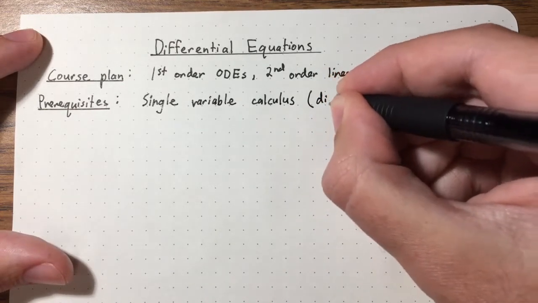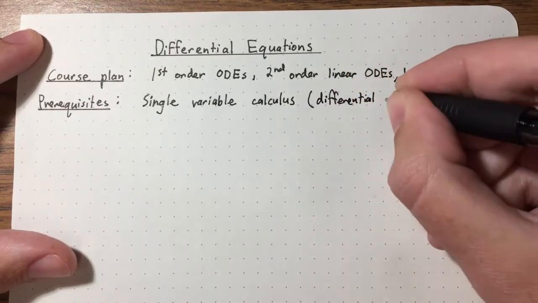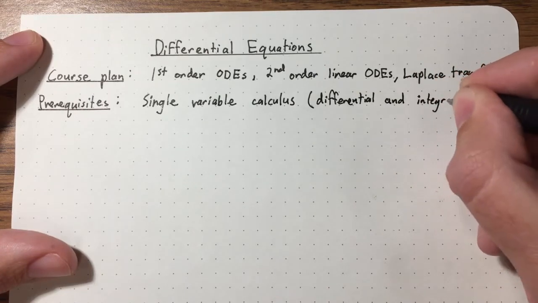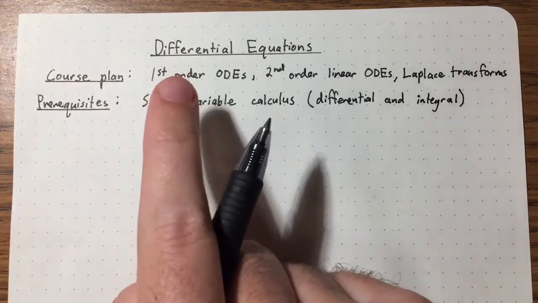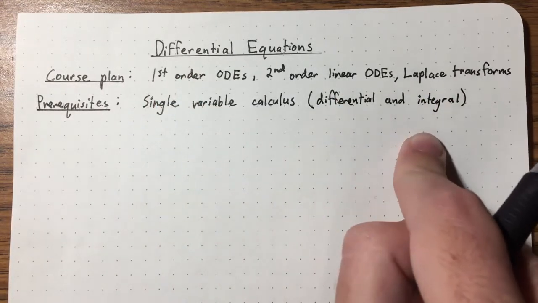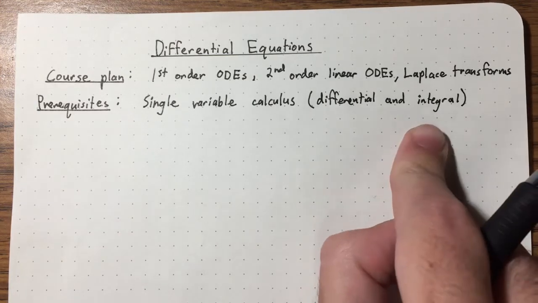And you might think differential equations, that's just going to involve derivatives, but it turns out that a lot of the solution methods are going to involve integrals in one way or another.